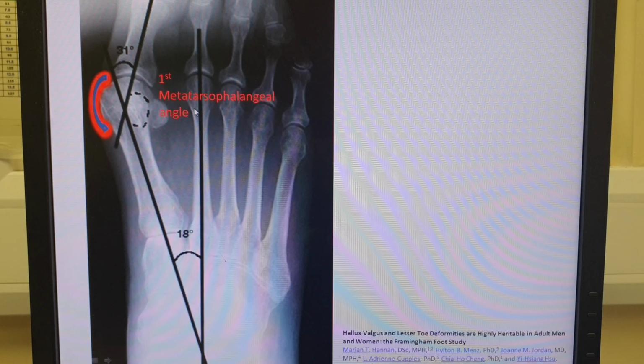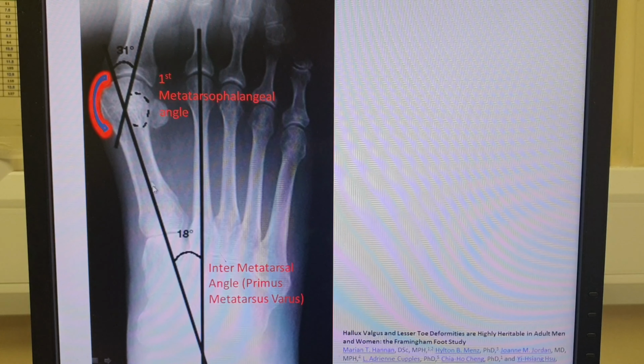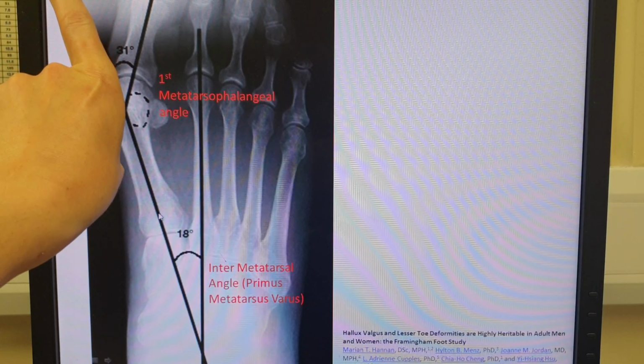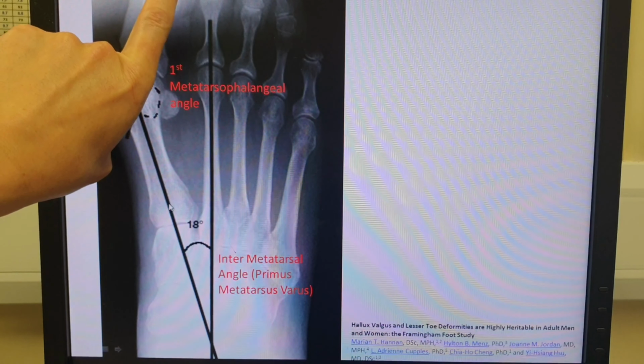The other angle that you need to be aware of here is the intermetatarsal angle. If you want to be pretentious, you can call it the primus metatarsus varus, but calling it the IM angle is fine. And this is the angle between the second metatarsal and the first metatarsal. And you don't have to be an orthopedic surgeon to work out the significance here. If this is sticking way out to the side, then the toe has almost got to drift that way.